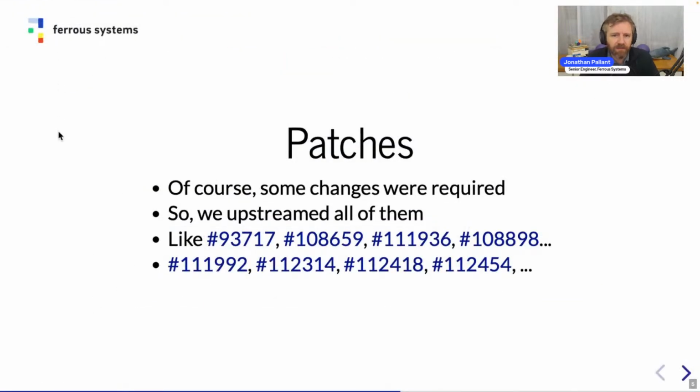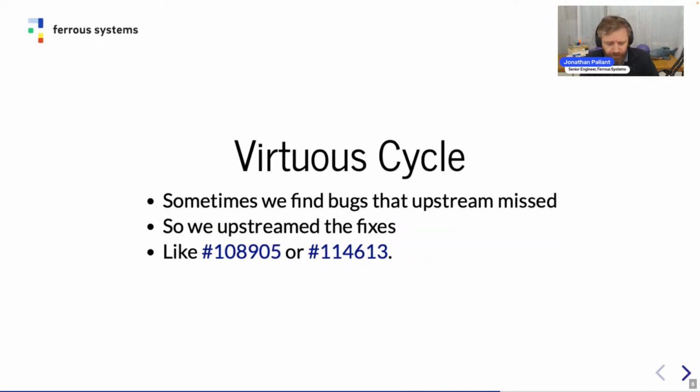That's how we've managed to keep the set of things that are different in Ferrocene to an absolute minimum. There's no secret sauce here. This is just making the compiler better, so we might as well make the compiler better for everyone. This then has some really interesting knock-on effects. I think there was an issue where some of the tests weren't being executed because they hadn't been annotated correctly.